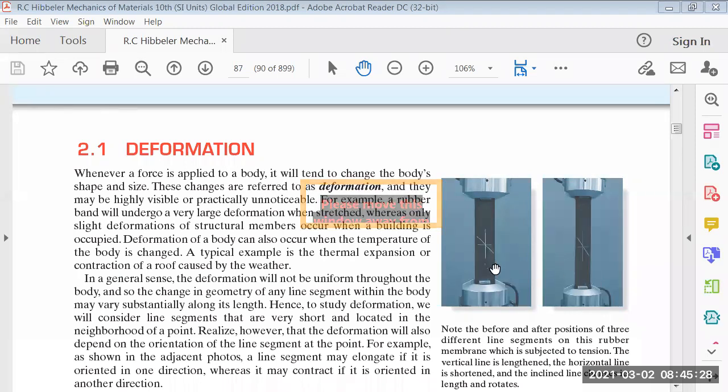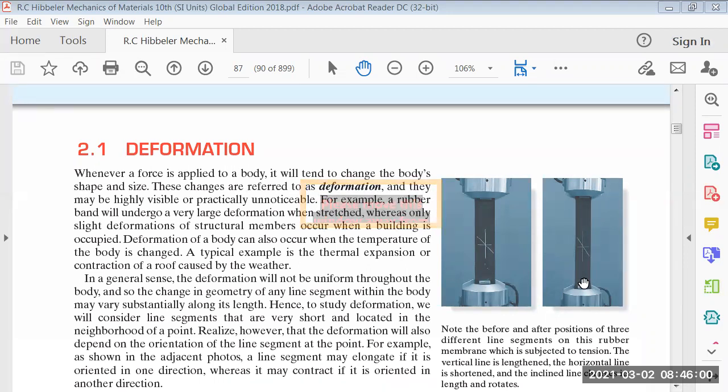You can feel that the rubber band over here is wider than the rubber band over here, right? You can notice that the rubber band on the left side is wider than the rubber band on the right side. Why? Because we have applied a tensile force. After the application of the tensile force, you could see that the rubber band has elongated.